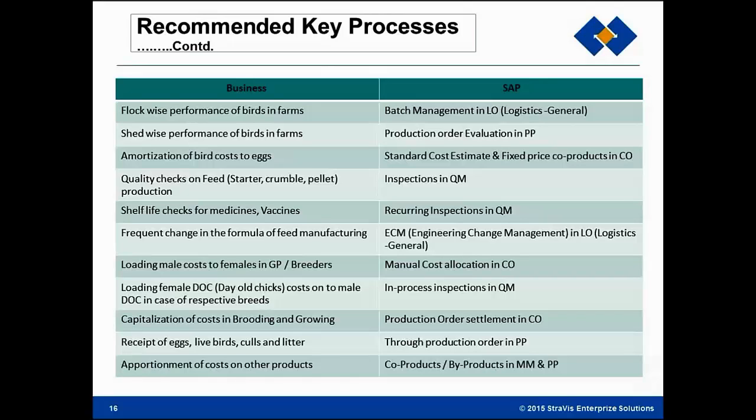Capitalization of costs in brooding and growing can be done using production order settlements in CO. Receipt of eggs, live birds, culls and litter can be done through production orders. Apportionment of costs on other products can be done by using co-products and byproducts in MM and PP.